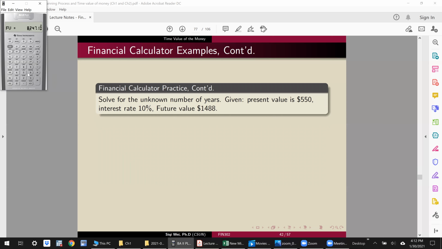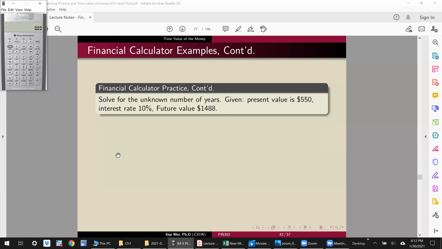So after each calculation, you need to clear the memory of the calculator. What you need to do is press the second function, then press the FV, which is clear time value of money. Then use second, and then clear work. Now you have erased the memory of your calculator, so it's completely clean.